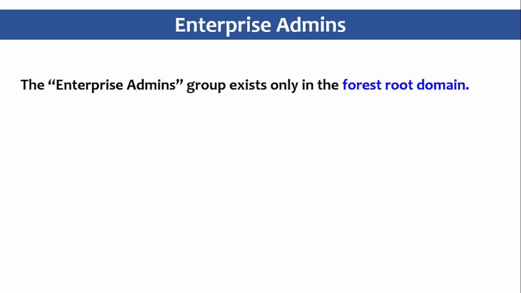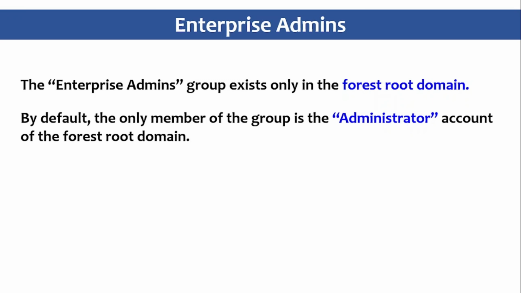Now the enterprise admins group exists only in the forest root domain. It's not like domain users, which exist in every domain. This enterprise admins group is automatically created only in the forest root domain.